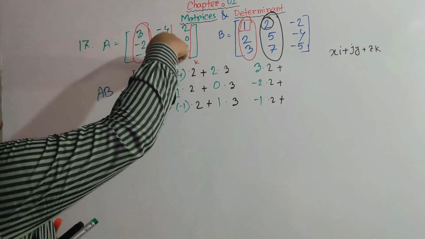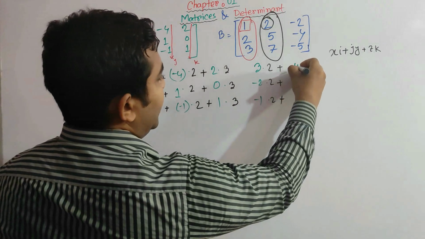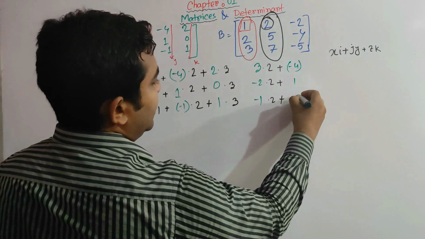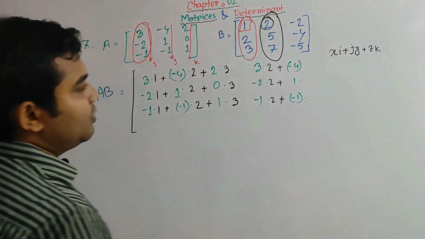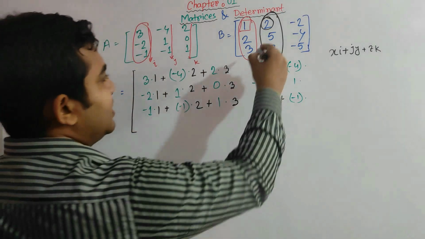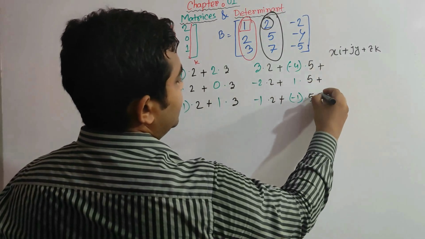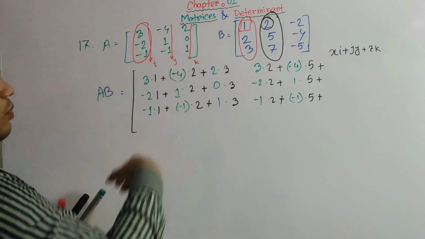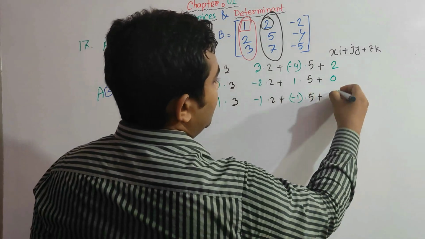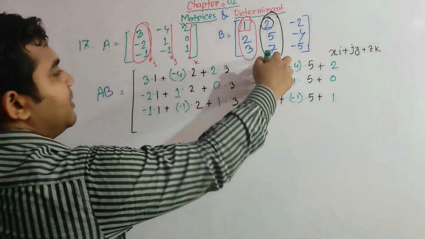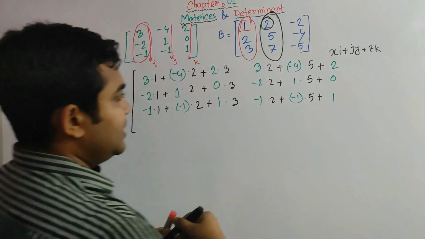Now minus 4, 1, minus 1 should be multiplied with 5. Now plus 2, 0, 1 should be multiplied with 7.